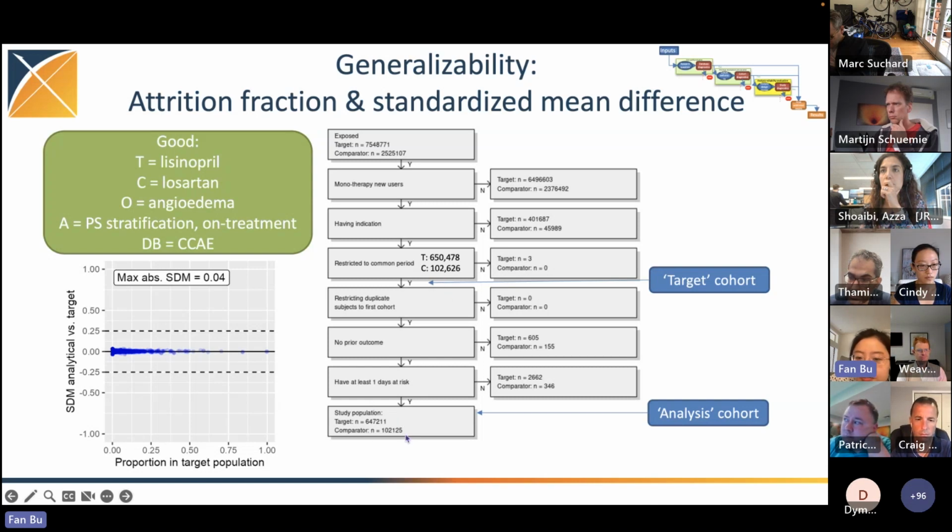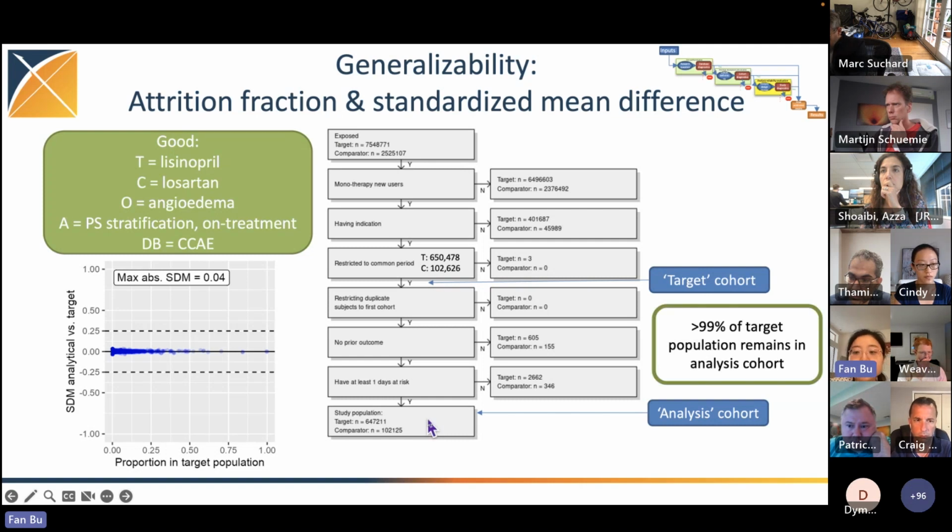Those two numbers don't differ by much. Actually, they're very similar. So in this example, we have almost all subjects in the target population ending up in our analysis cohort. And that's usually a really good sign, meaning that we are pretty much doing our analysis on the original target population. And if we also look at the standardized mean difference across all the covariates between the target population and the analysis target cohort, the difference in covariates would be very small.